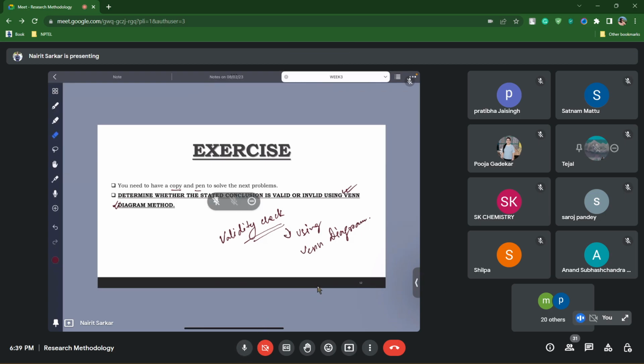The thing is how to check whether the conclusion is valid or not.